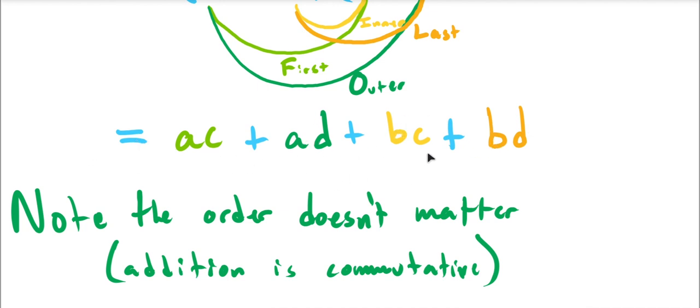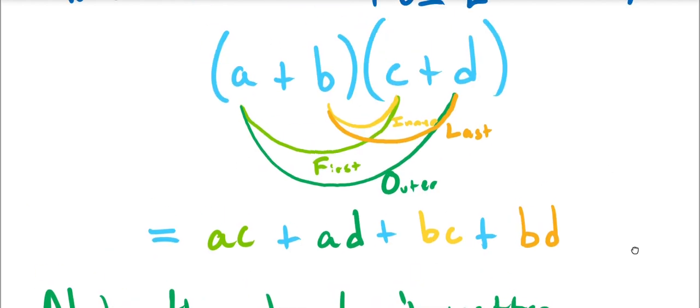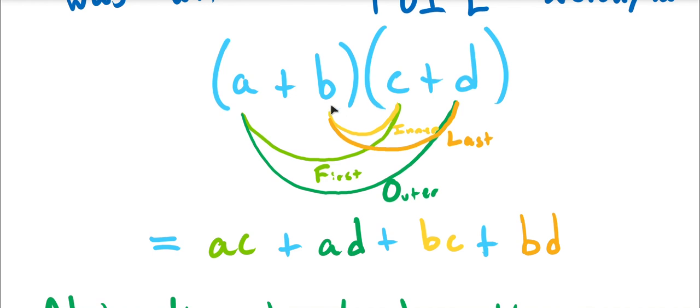It just matters that you get these four things. Addition is commutative, so this sum could be written in any order and still give us the right stuff. It also doesn't matter in which order we wrote the a plus b versus the c plus d. If I switched these two, that's also fine. So any order that we could write it in, taking advantage of the commutativity of multiplication and addition, is fine.